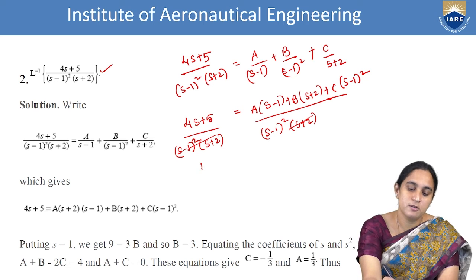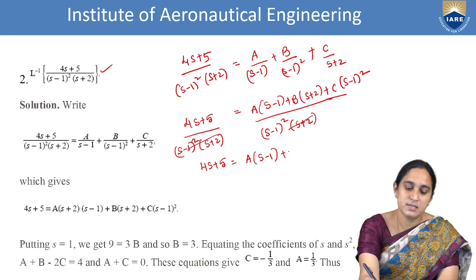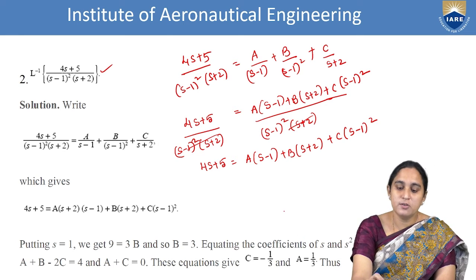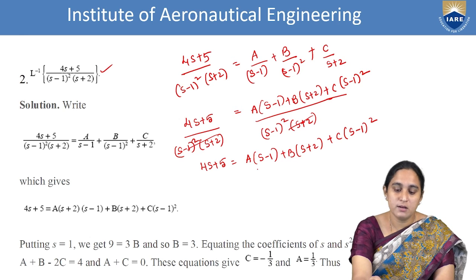Therefore, 4s plus 5 is equal to a into s minus 1 plus b into s plus 2 plus c into s minus 1 whole square. Here, what are the unknowns? A, B, C. Now, we have to find the unknown values of A, B, C, and after that apply Laplace inverse. Okay.